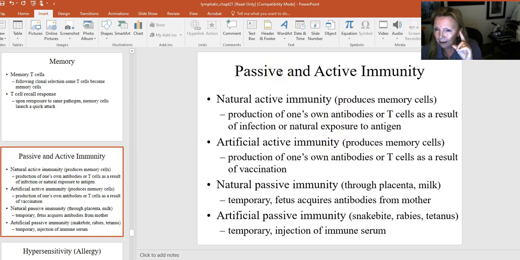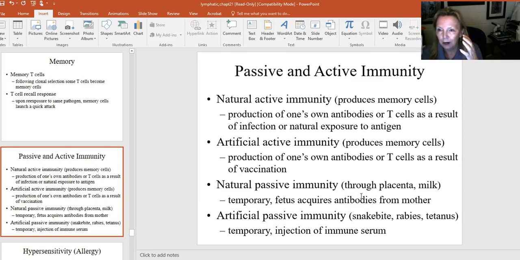Now, in passive, that's very different. In passive, you're not making your own response. You're getting it from outside. So a perfect example of natural passive is the fetus. I told you that a mother's IgG class of antibodies can cross the placenta and protect the fetus. And even when the fetus is born, those IgG antibodies from the mother will last for a few weeks.